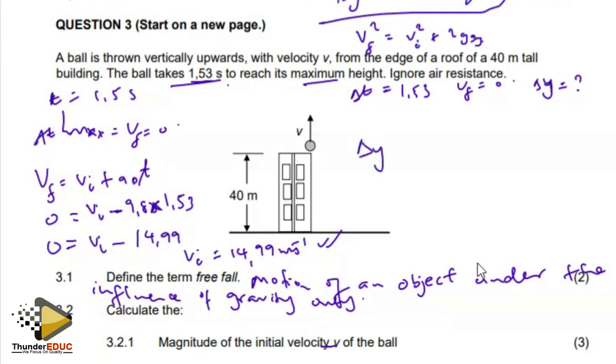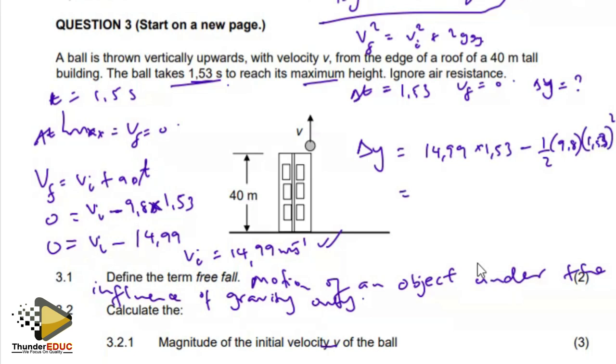and say that my delta y is going to be the V initial. My V initial is 14.99 multiplied by the 1.53. Now I'm going to use minus a half times 9.8 multiplied by 1.53 squared. Now you can use a plus, yeah, but then the value of the sign next to the g should be a negative. That's if you're using the same direction as mine.